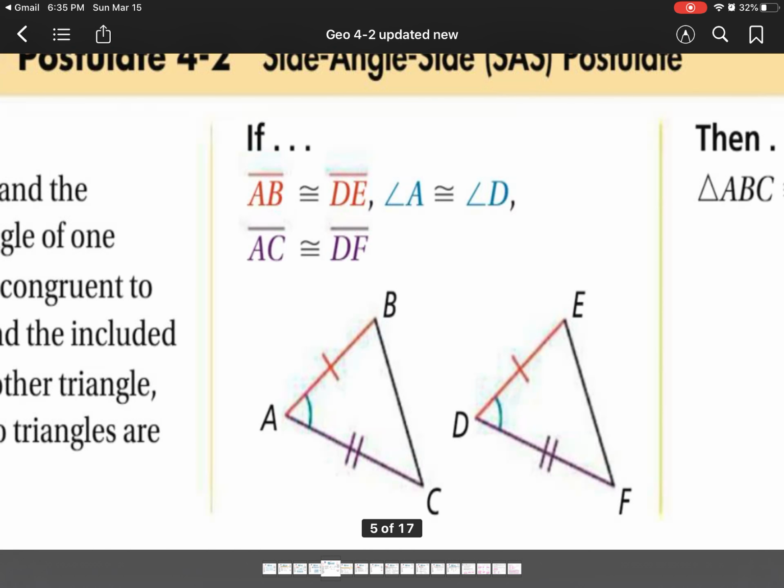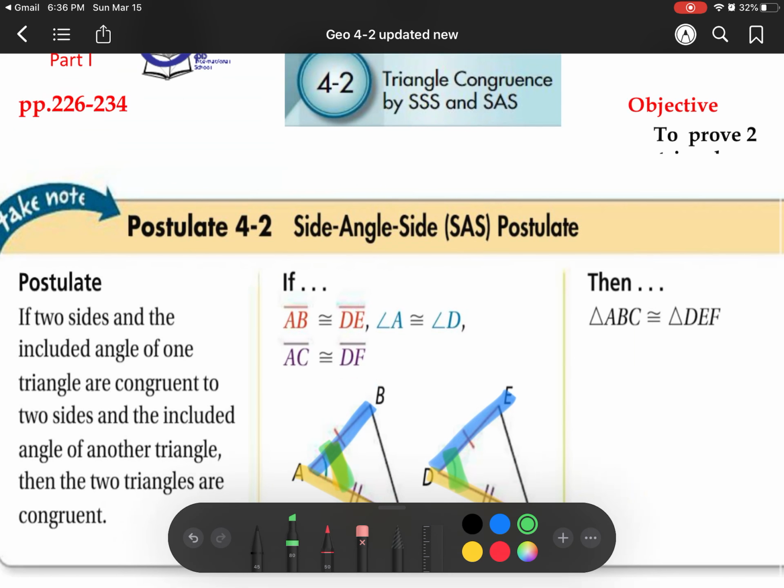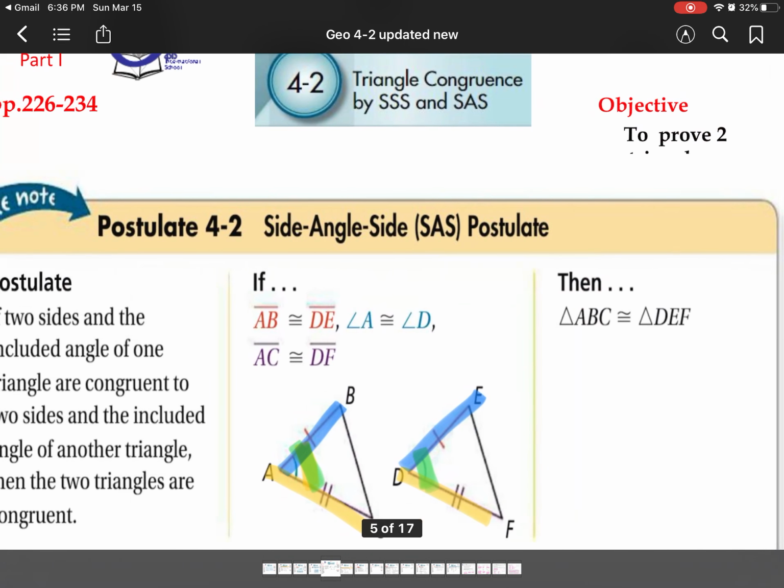As I said before we solve the question, here another explanation for the theorem. If AB is congruent to DE and AC is congruent to DF, and he gave me that this angle is congruent to this angle, this means my both triangles are congruent.